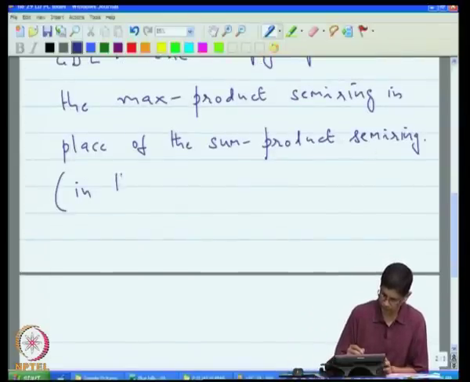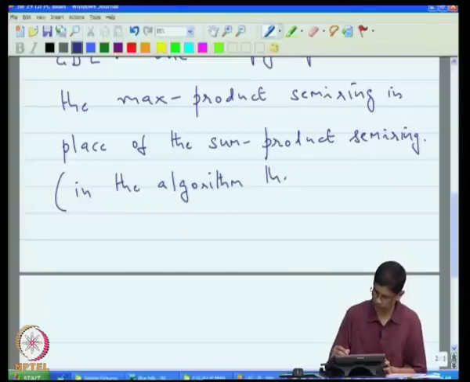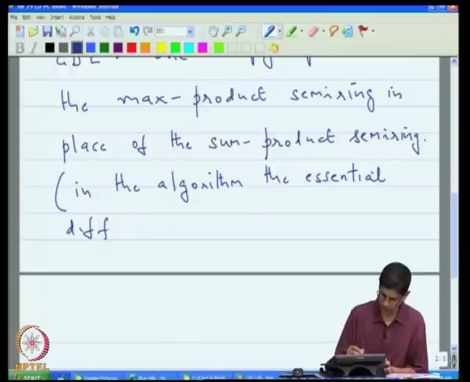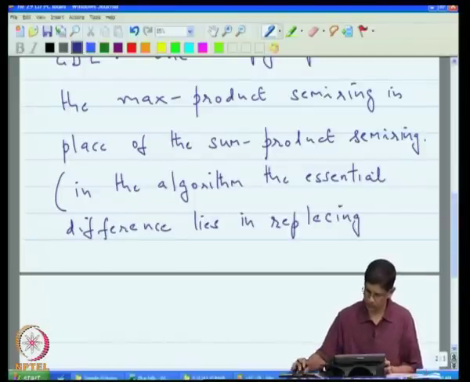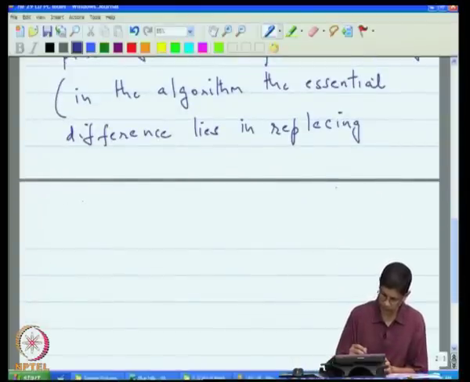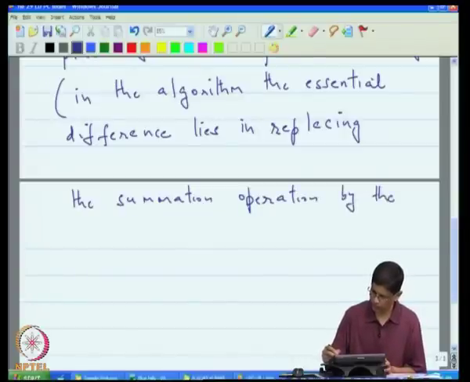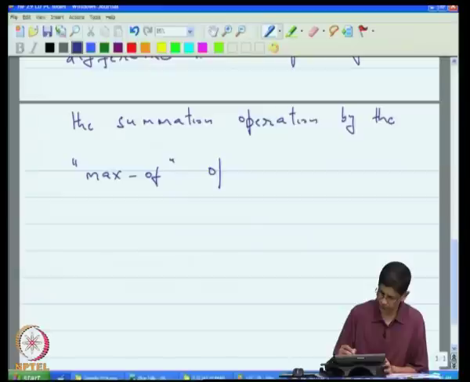In the algorithm, the essential difference lies in replacing the summation operation by the max of operation.